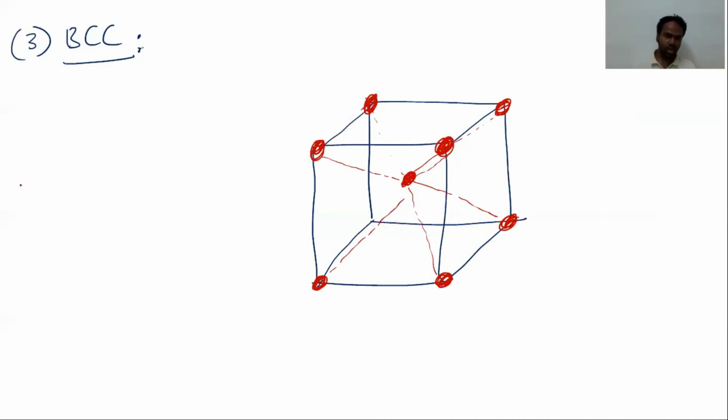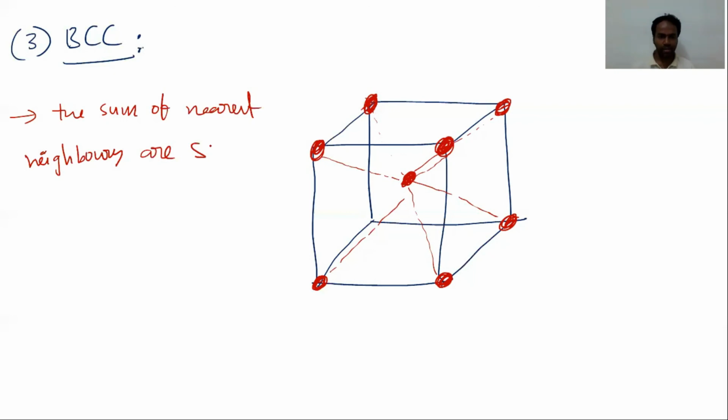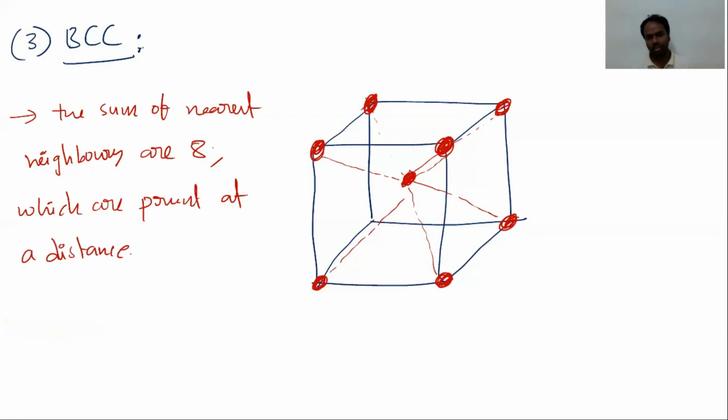So total, how many nearest neighbors are there? Total 8. So the sum of nearest neighbors are 8, which are present at a distance. Let us find the distance. This is our reference point, from here to here.